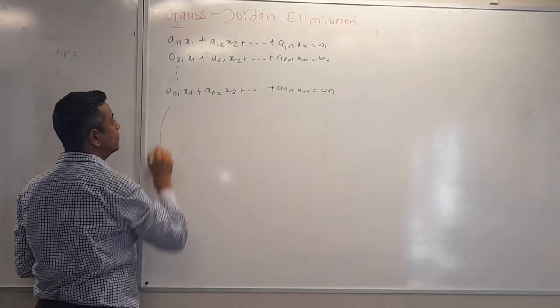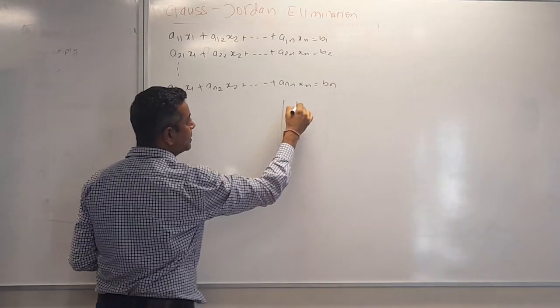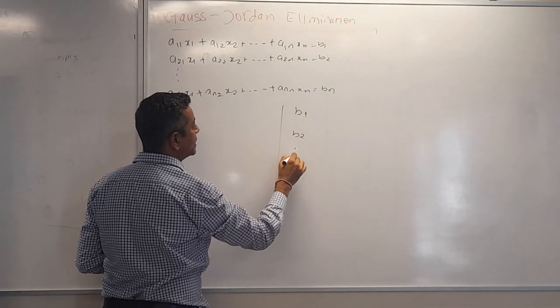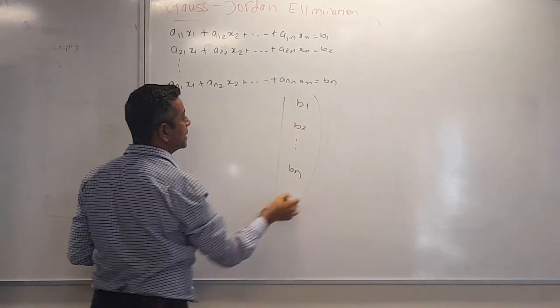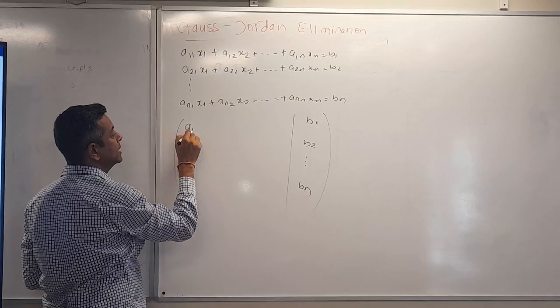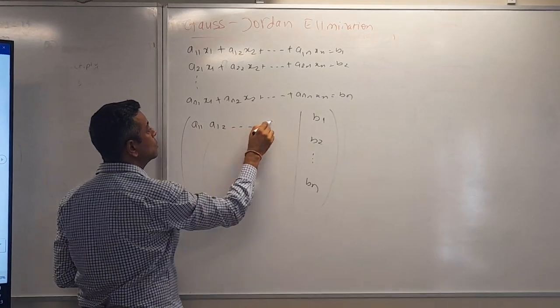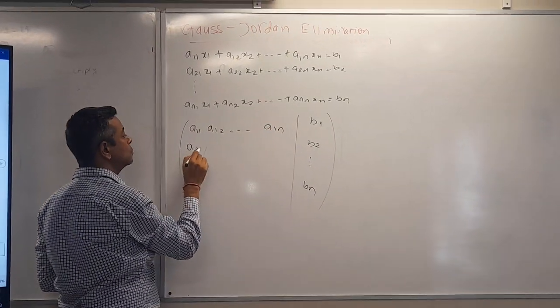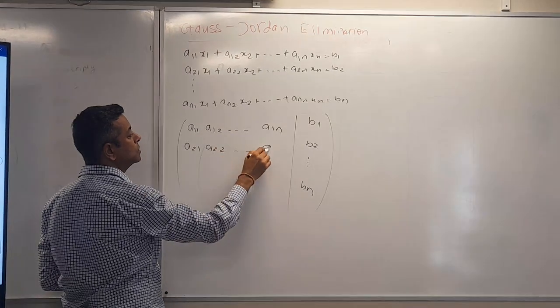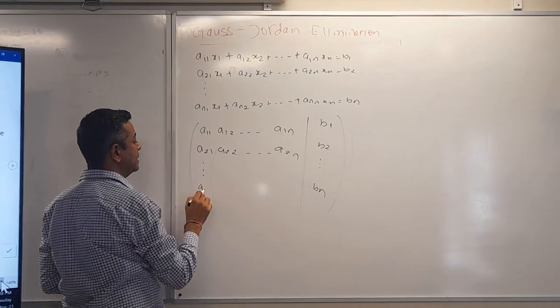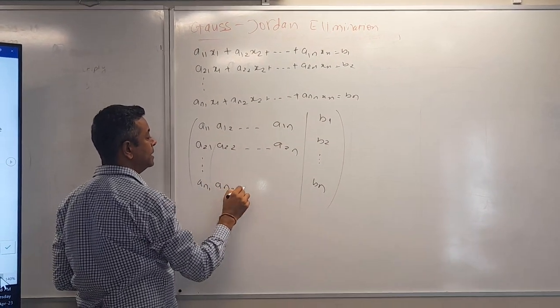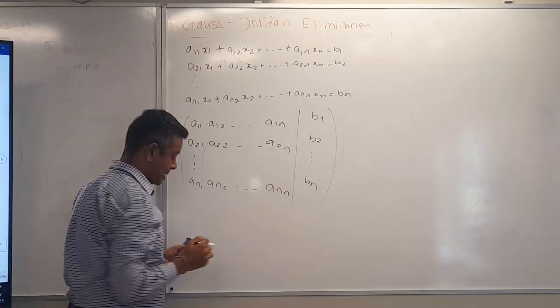In the augmented form, we keep the right-hand side and pick up the coefficients, which are a11, a12 up to a1n, a21, a22 up to a2n, and the last row is an1, an2, up to ann.